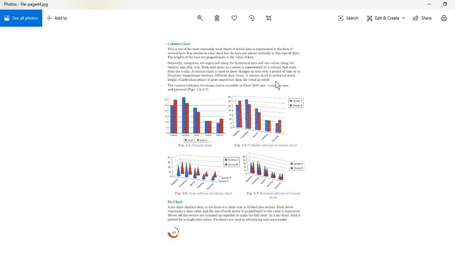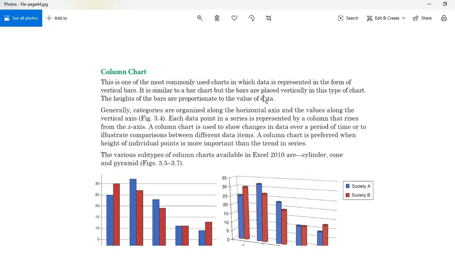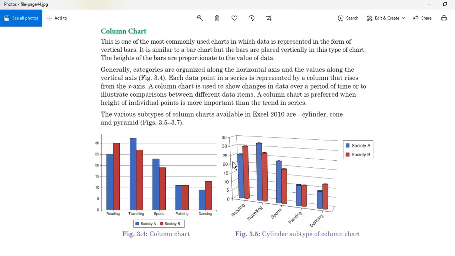Now for the next part, we have the column chart. See, this is similar to the bar chart. That's why 5 minutes ago I said there are two charts. You can draw it horizontally or you can draw it vertically. Now this is one of the most commonly used charts in which the data is represented in the form of vertical bars. The last one was horizontal bars.